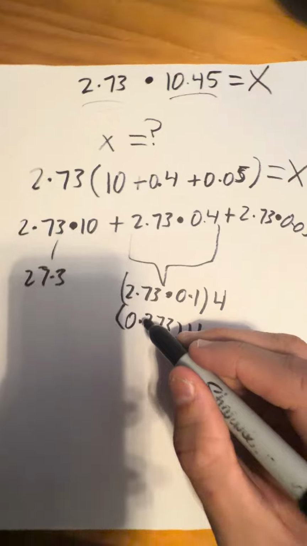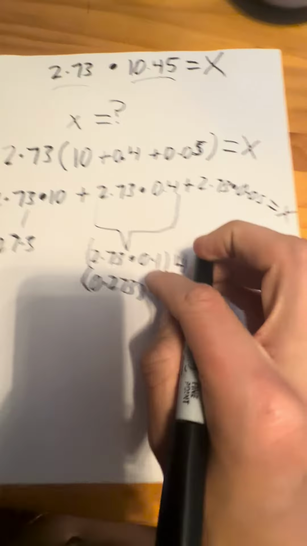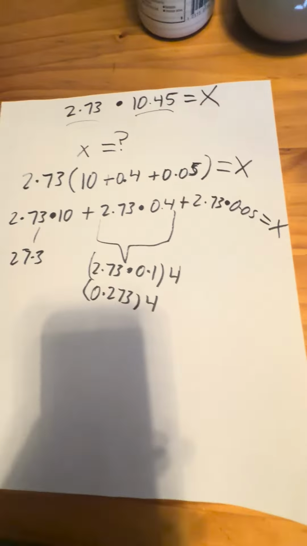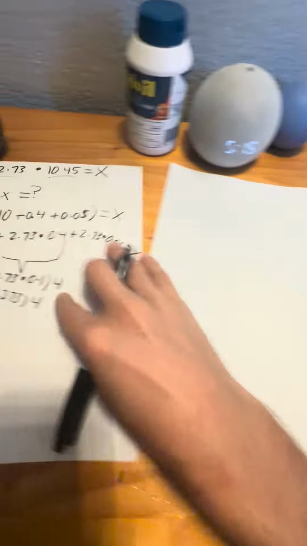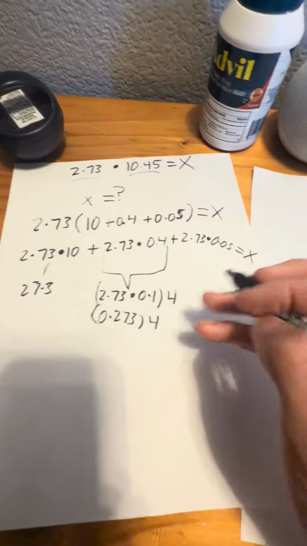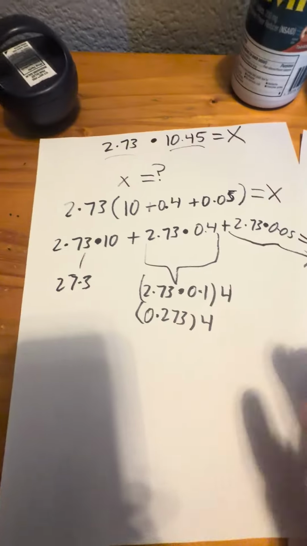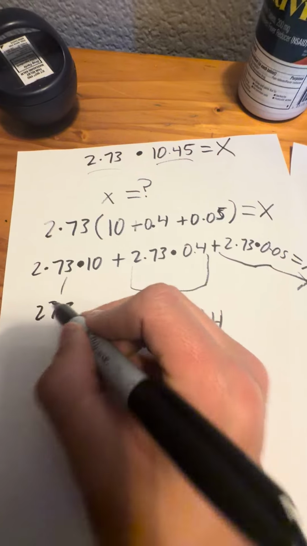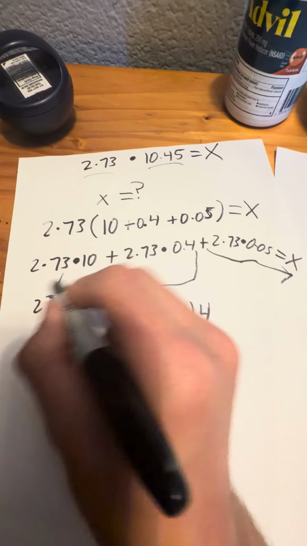Hopefully you got that. Okay, this paper's getting a little bit full. I've got my drawer right here. So we have the 27.3, the first third of the problem.